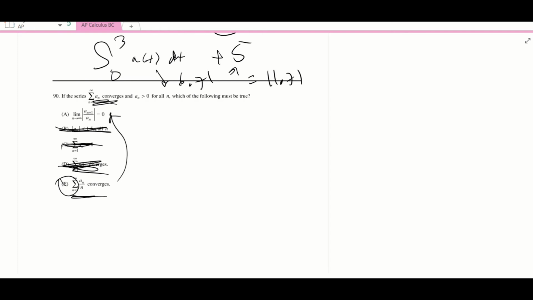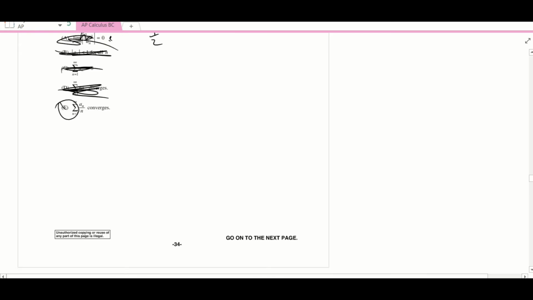It just requires the limit to be less than 1. Because again, it could be a geometric series, right, with a common ratio of 1/2. So the ratio is always going to be 1/2, but yeah, it can still converge. So sorry, it's E. Sorry for the confusion.